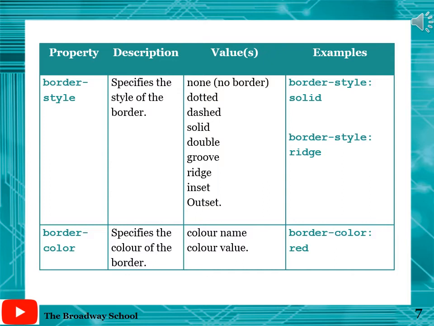Border style colon solid is an example. Another example is border style ridged. Border color specifies the color of the border. Color name, color value. You can give the value either as a color name or a color value. Border color colon red.